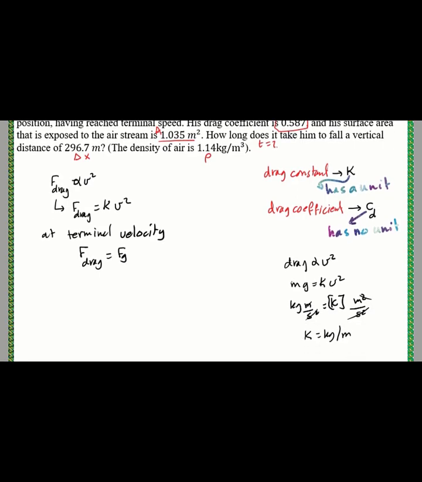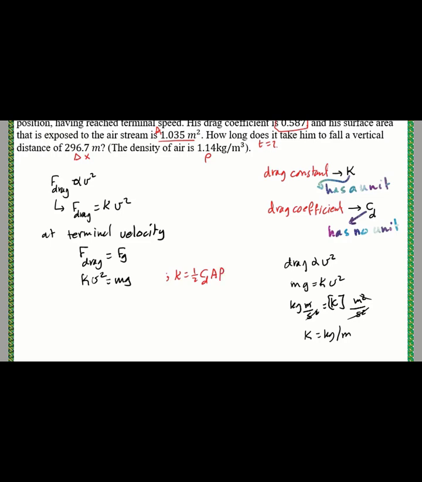Now put your numbers: K v squared equals m times g, and by the way K is related to the drag coefficient like this: K equals 1/2 CD area times rho for the air.